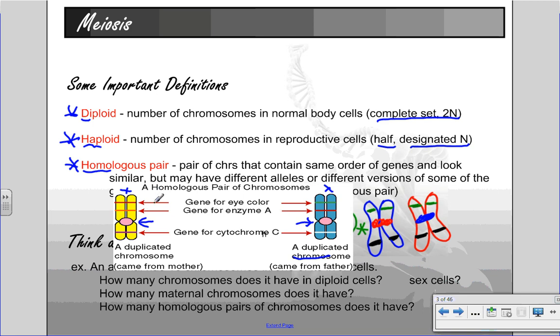And if you look at the ordering of the genes, they both have a gene for eye color at a certain location or locus, but they might code for a different eye color. Okay, so they have the same trait that they're coding for, but it might be for a different color. Down here, there's a gene for a certain enzyme or a certain protein that's needed in the body, and so on.